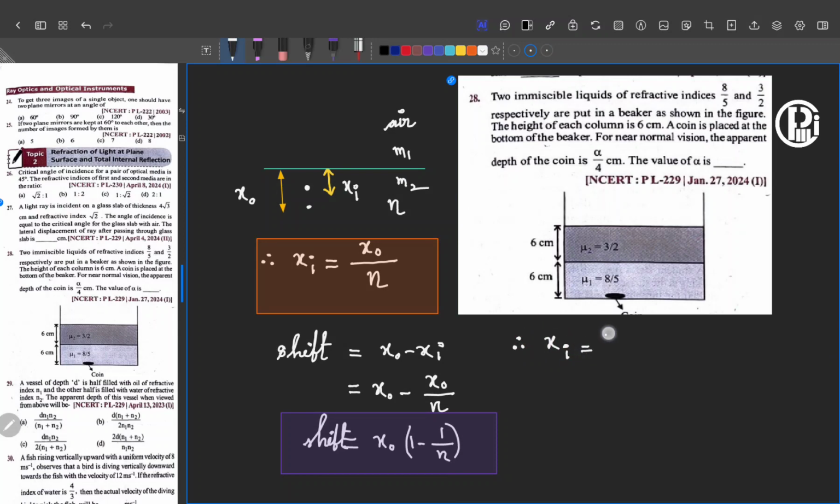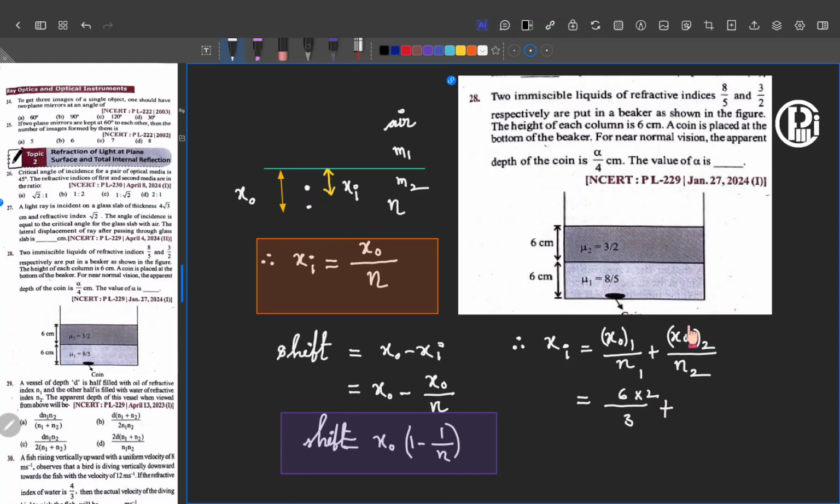xi is equal to xo by n due to the medium, plus you can also write xo2 by n, or let's say n1 by n2, right. Where this xo is nothing but the thickness, and here also it is a thickness, so xo is 6. So I could say 6 by the refractive index of this one, which is 3 by 2, so I'll have a 2 here, 3 here, plus xo2.